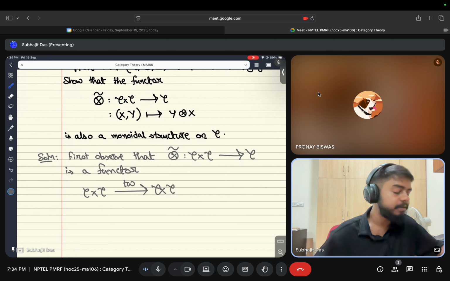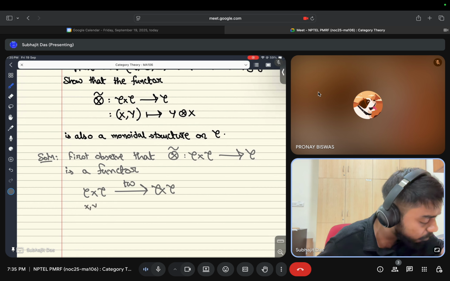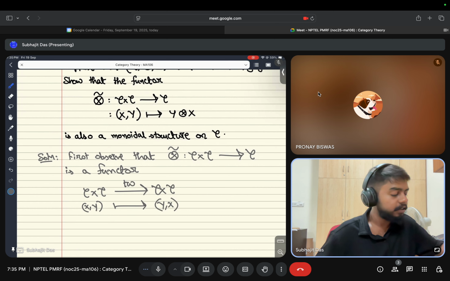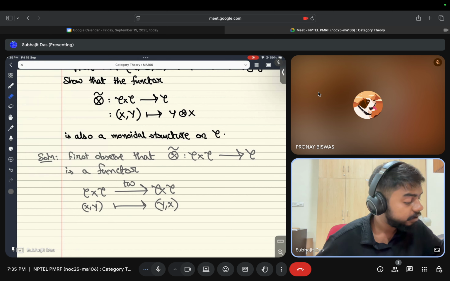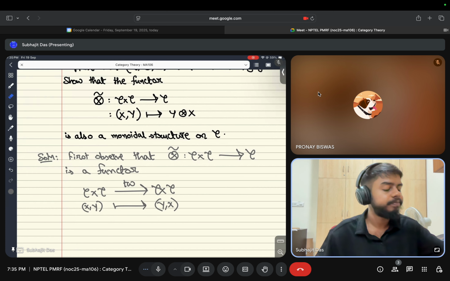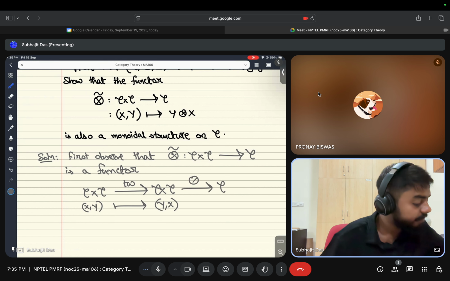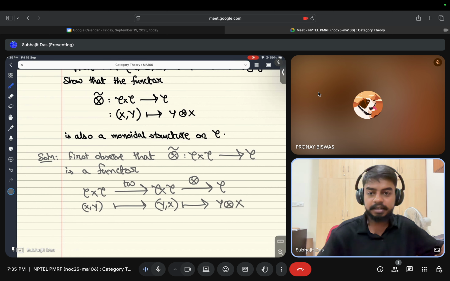From C cross C to C cross C you have this twist map which sends (x, y) to (y, x). It's not right to call it twist, I should say flip, but okay. And from C cross C to C you have tensor, which sends (y, x) to y tensor x. So this is a functor. Composition of two functors is a functor.